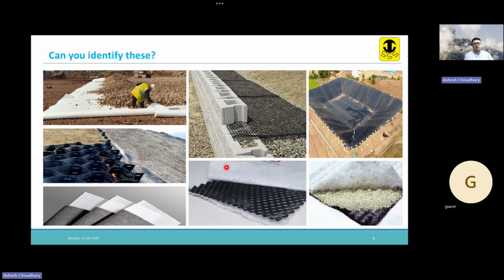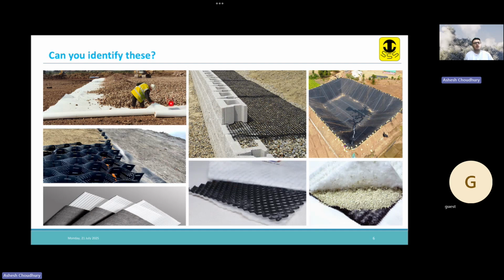And here we see some soil material sandwiched between two layers of some sheet. So these are the initial observations that we are able to make.